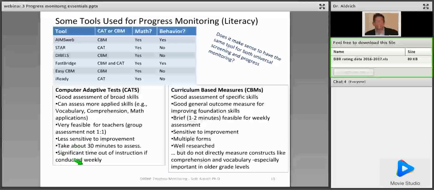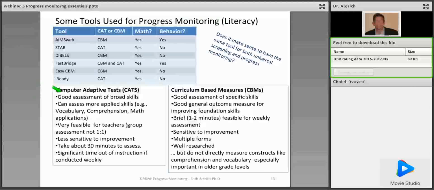I'm going to talk a little bit about, because we see iReady, we see STAR, I see AIMSweb, and this is a review slide, but I want to talk about it a little bit. It's not exactly review. Last time we talked about some tools used for universal screening. And now I want to talk about some tools used for progress monitoring, in literacy and in math.